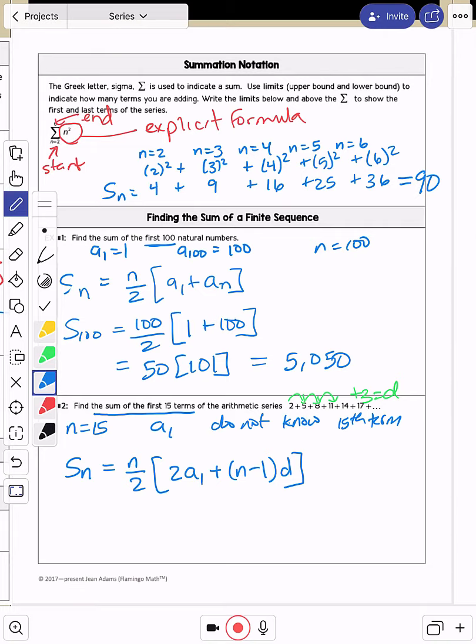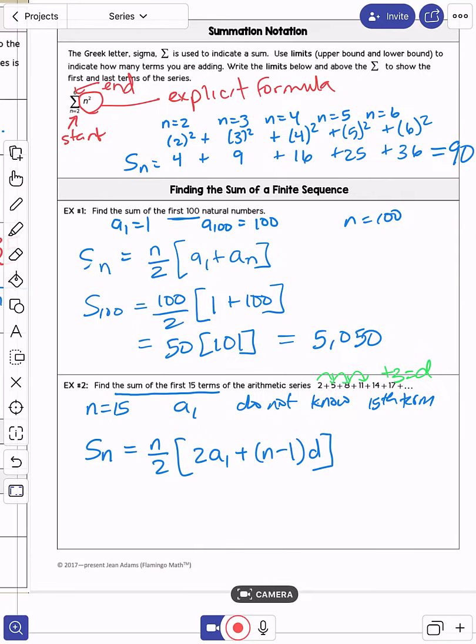All right, so for this particular arithmetic sequence and series, the general rule is going to be S sub n is equal to n over 2 times 2 times a1. So the first term is 2. So 2 times 2 plus n minus 1 times d, which we just figured out.